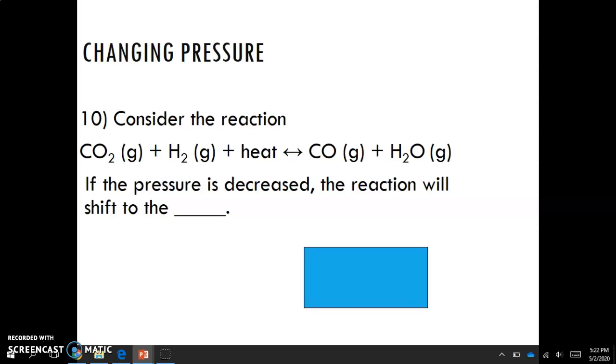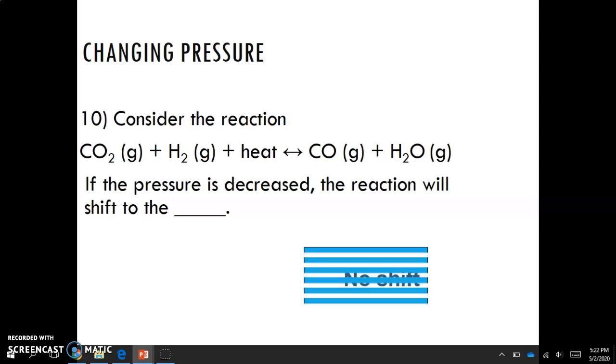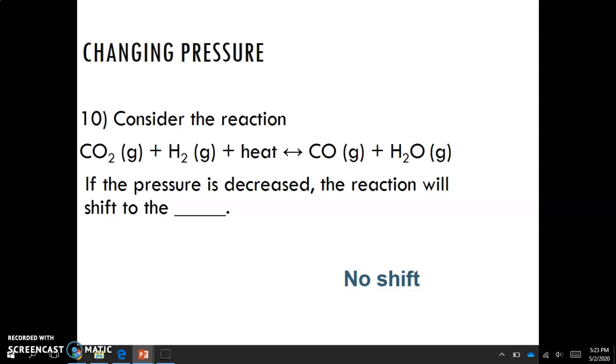So that's 2 moles on the left, 2 moles on the right. So we've got 2 and 2, which means we're at equilibrium, which means there's no shift, okay? And that's how you do that. Just take a look at your coefficients, and you're going to shift depending on if the pressure is going up or down, okay?